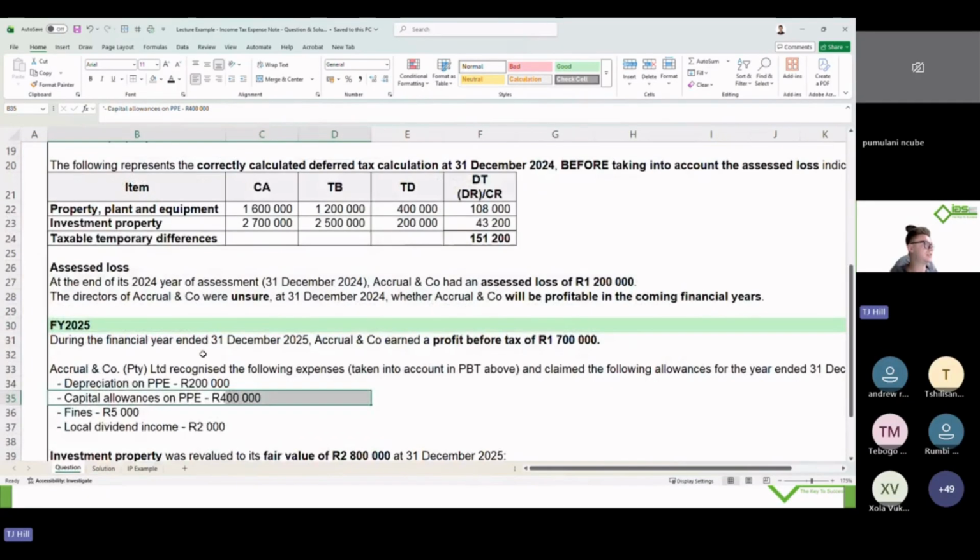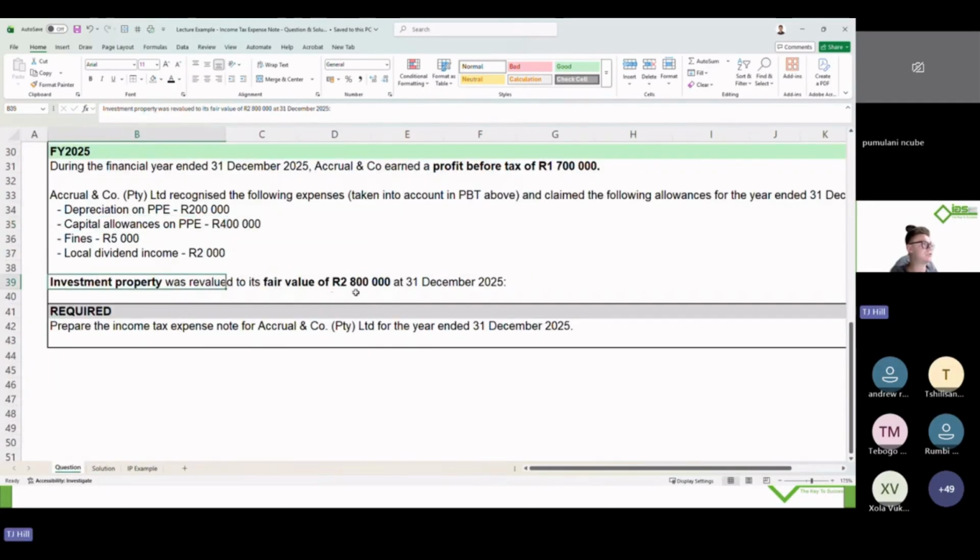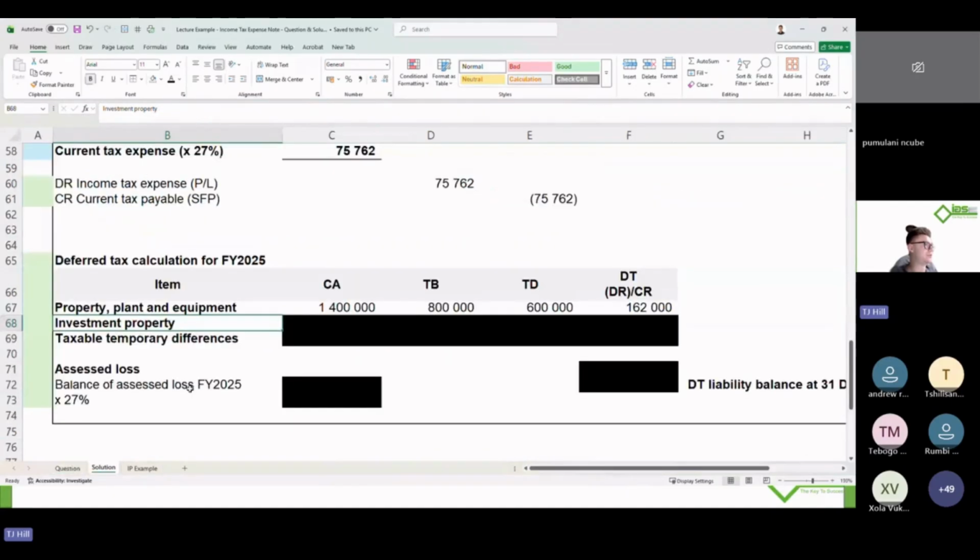Investment property, my balance is 2.8 because it's on the fair value model. Do you agree? Okay. My tax base, remember now, it will be recovered through sale because it's on the fair value model. That means I need to consider again that future economic benefits will be taxed. Thus, tax base is future tax deductions recovered through sale, which is base cost.